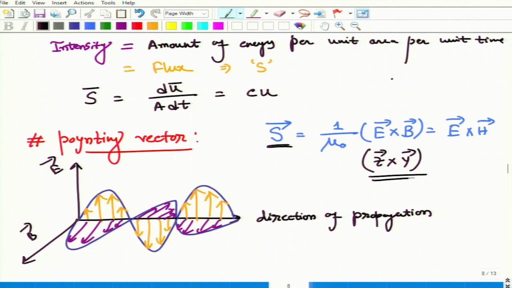Which is essentially the direction of propagation. So the Poynting vector denotes the direction of propagation of the electromagnetic wave. This is the definition of the Poynting vector.